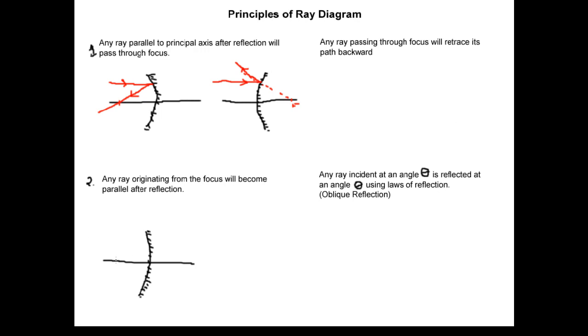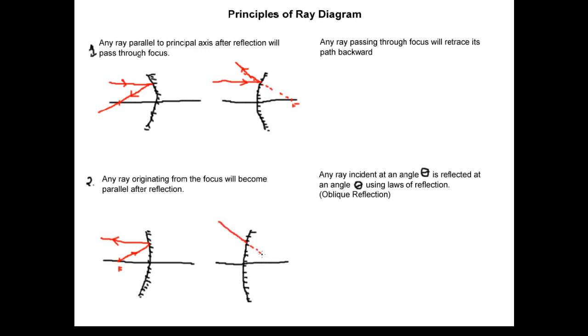And this is our focus F. What about in the case of a convex mirror? This is the convex mirror. So this ray is directed towards the focus. Look at the arrow now. After reflection, it will become parallel to the principal axis. This is the ray diagram for the second law.